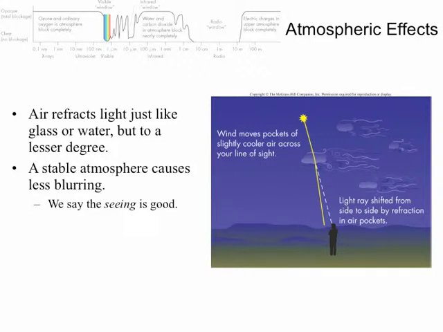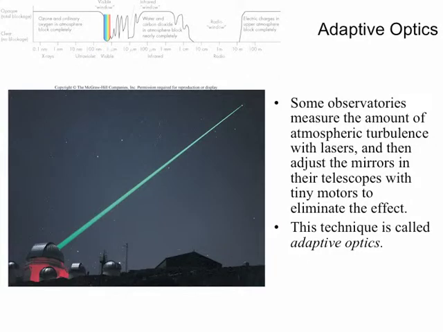This instability is what we call seeing. Clever scientists have come up with ways to correct for the turbulence in the atmosphere in real time. This is called adaptive optics. Mirrors are bent and adjusted in real time to compensate for the motion and turbulence in the atmosphere.